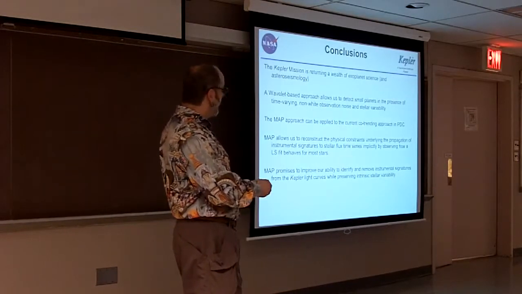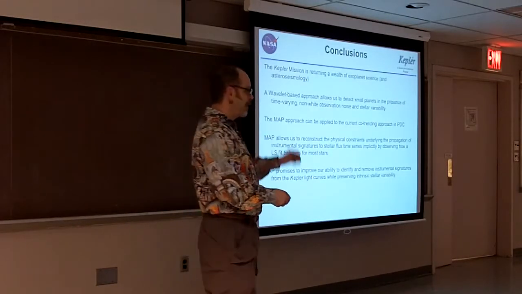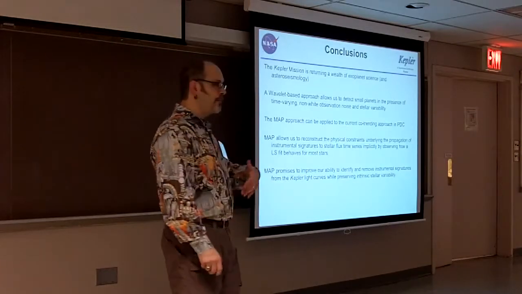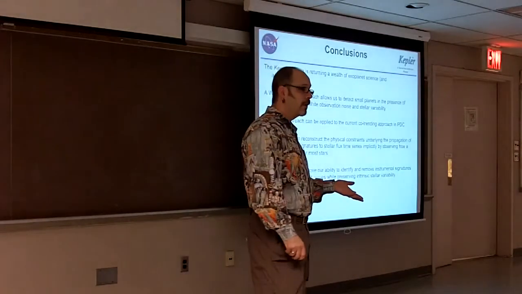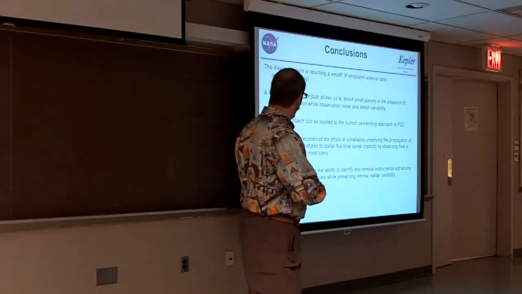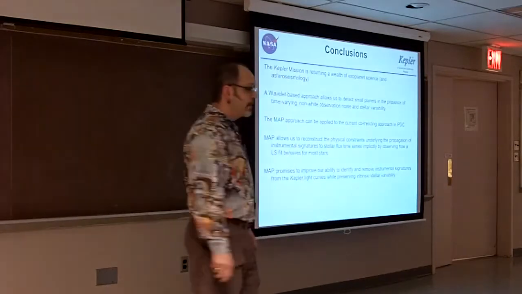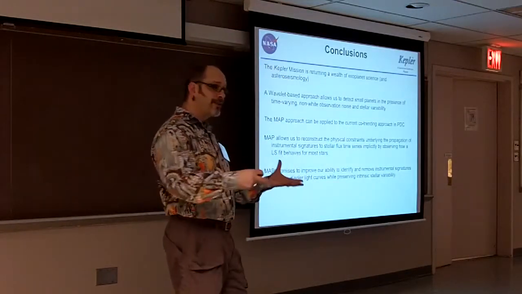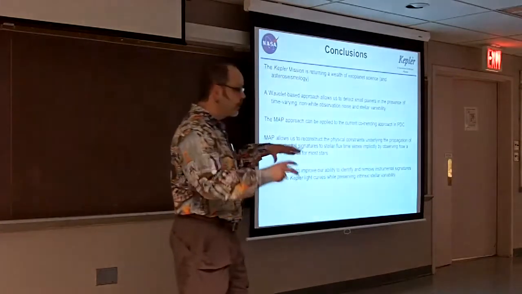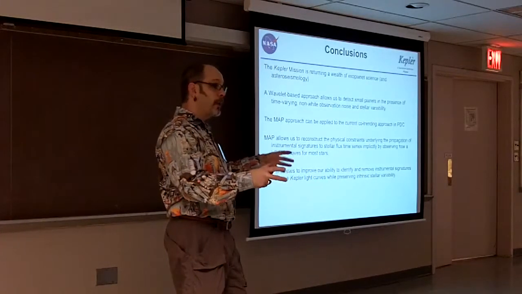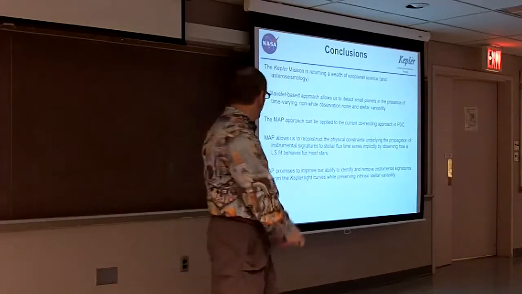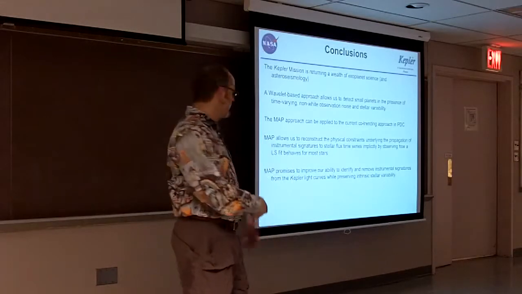What has worked out very well, although we are tuning it up because data aren't perfect, is the wavelet-based approach that's allowing us to detect small planets in the presence of time-varying non-white observation noise and stellar variability. And this MAP approach looks very promising because we can use it to augment the current cotrending approach in PDC and bring some reason to the coefficients that we're fitting, so that we can reconstruct the physical constraints underlying the perturbations, like pointing and focus change, on actual measurements and develop an implicit model.